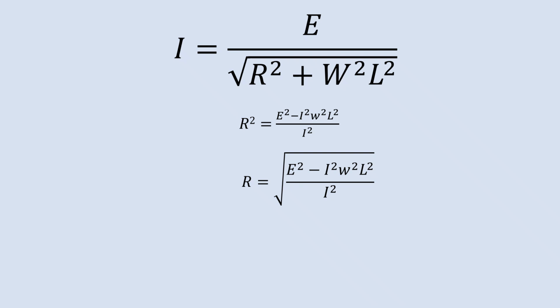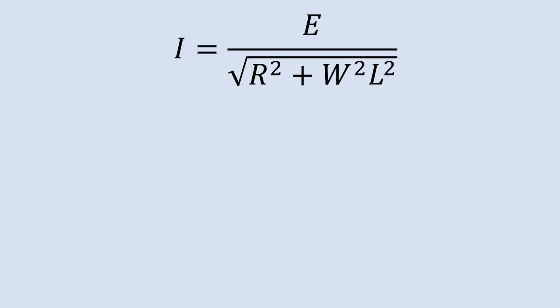If the question states that you have to leave it in its simplest form, it means you have to simplify it until it is no longer simplifiable. Are we together? So now we have R is equal to the square root of E squared minus I squared W squared L squared over I squared.